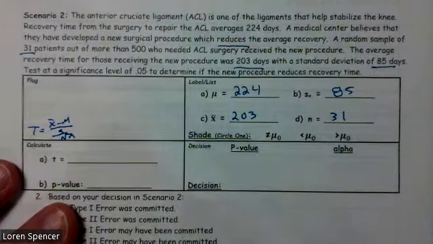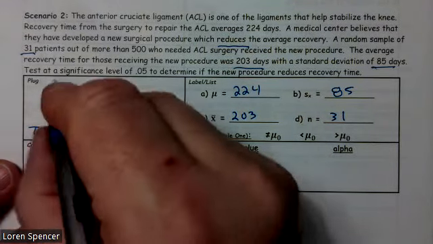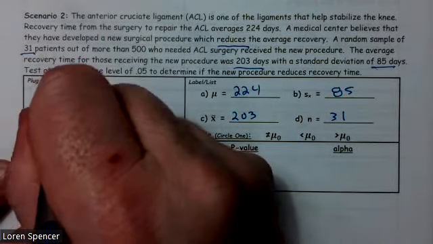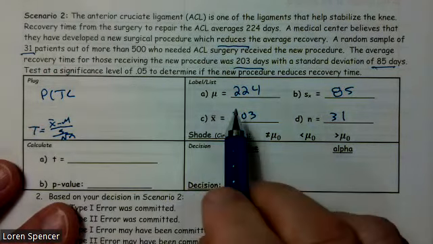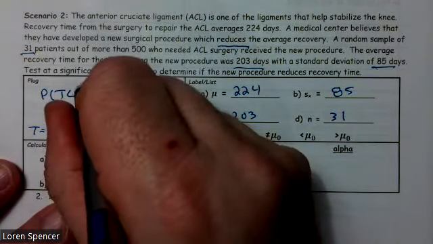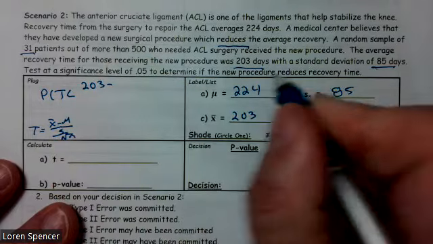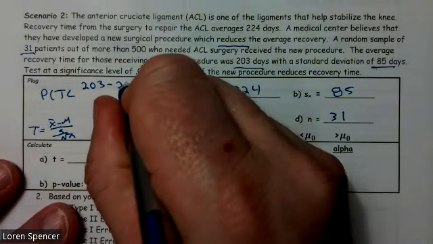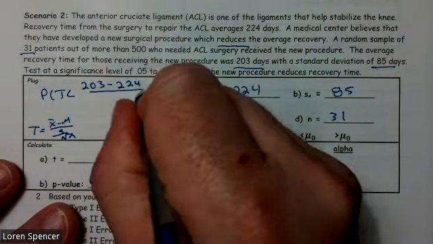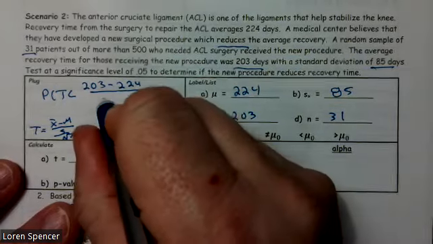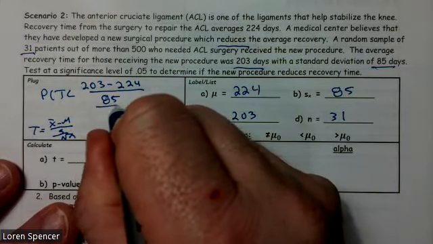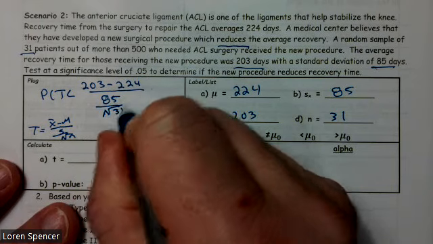That's the t. So we're going to plug in, and we'll have the probability that t is less than 203 minus 224 over 85 divided by the square root of 31.